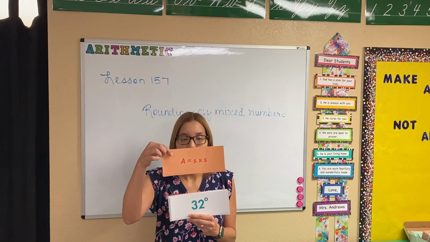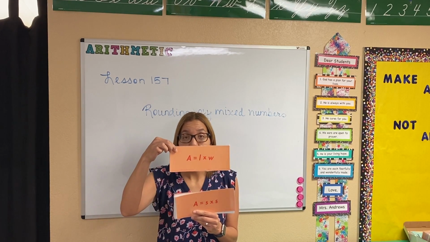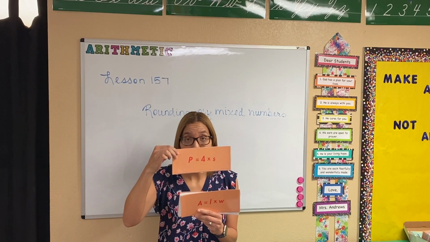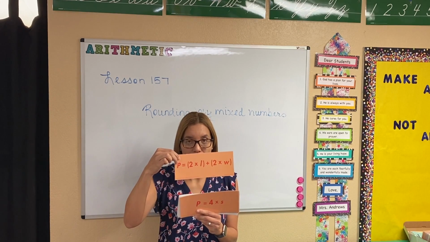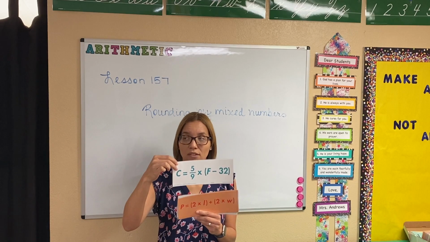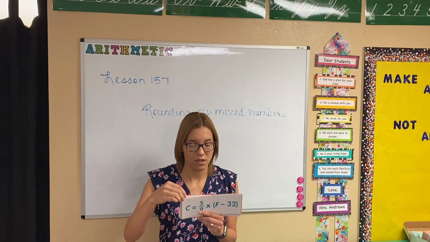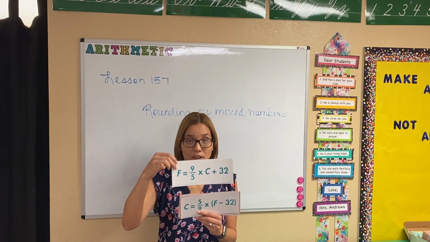Okay? Area of a square, area of a rectangle, perimeter of a square, perimeter of a rectangle. That's the formula on how to calculate Fahrenheit to Celsius. Formula how to calculate from Celsius to Fahrenheit.